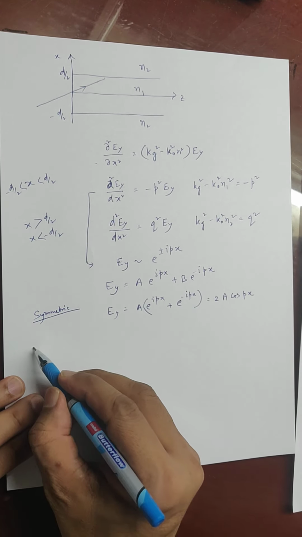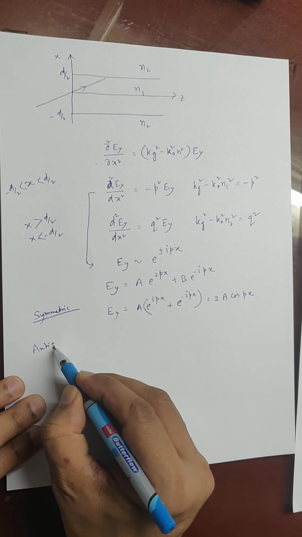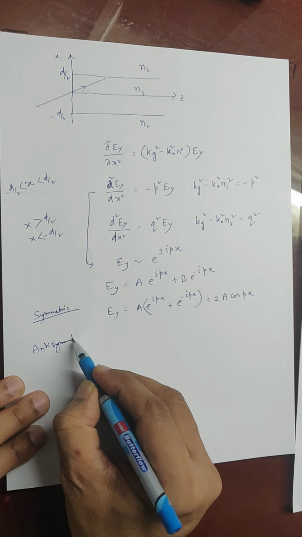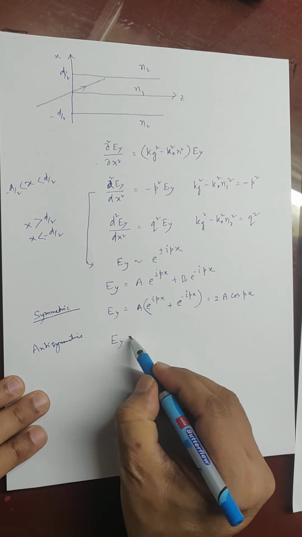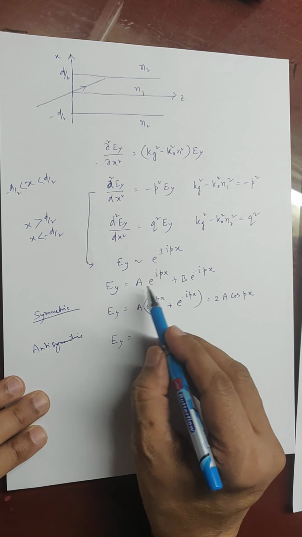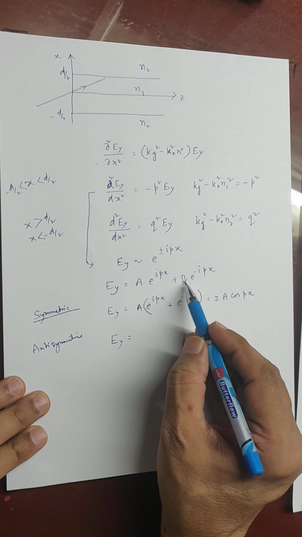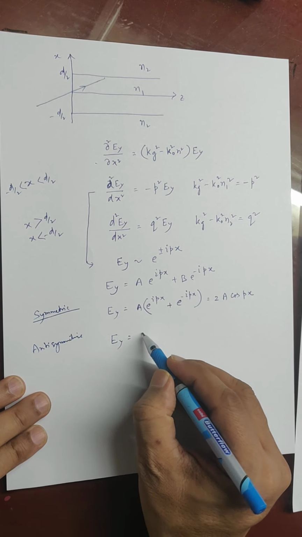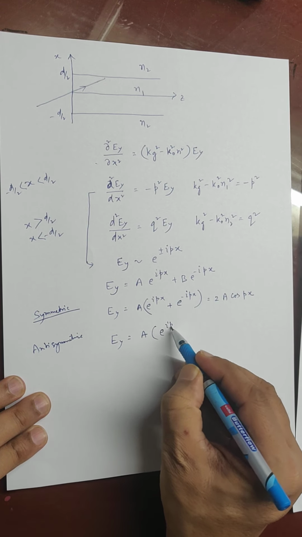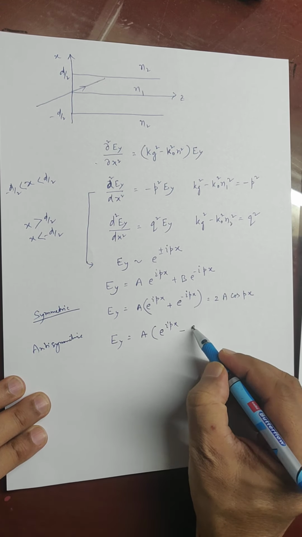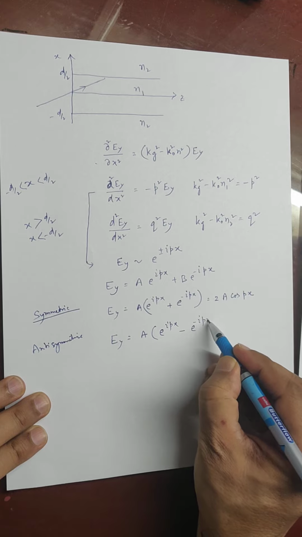And for the antisymmetric requirement, Ey can be made antisymmetric if b is equal to minus a, which means a e to the power i px minus e to the power minus i px.